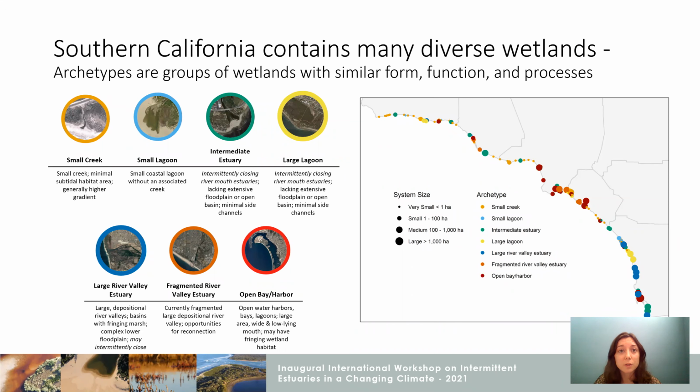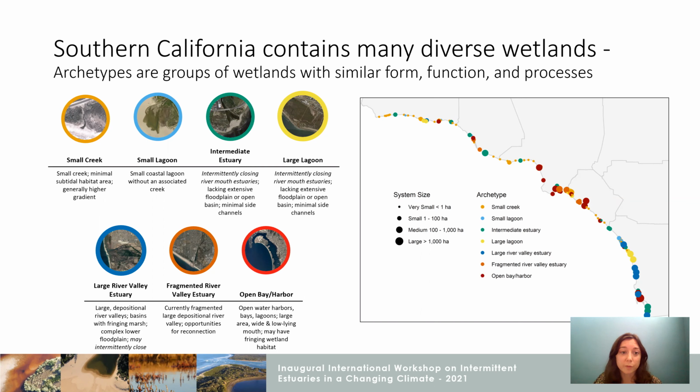As part of this project, we categorized over 100 wetlands into these archetypes, which are groups that represent wetlands of similar form and function that we expect to respond similarly to sea level rise. Now, because this region has a high energy coastline, a good portion of our systems are intermittently opening and closing estuaries.